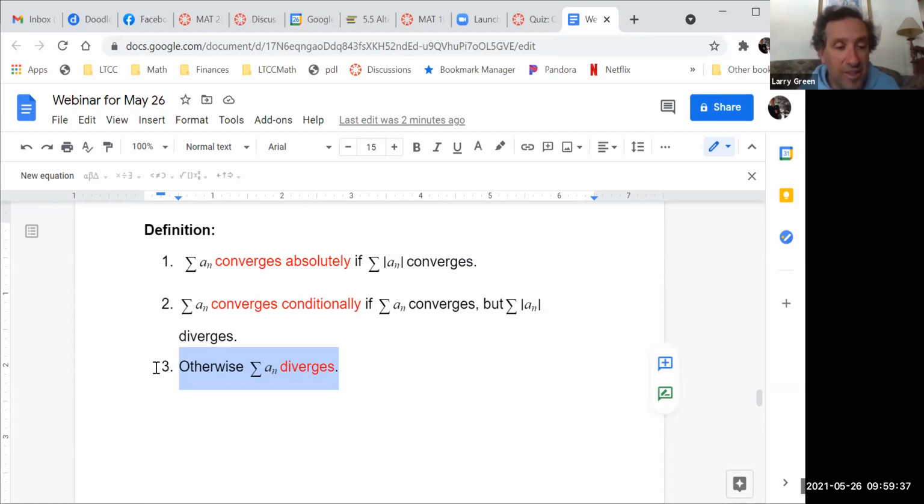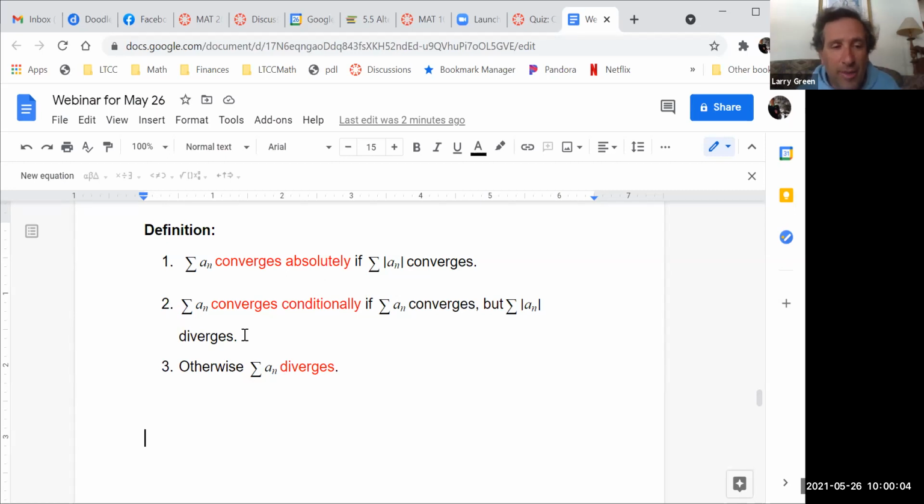So if it looks like a divergent series, you could do a comparison or limit comparison test to show it diverges. There aren't a lot of other tests you can use. So that's the first thing: if you think it diverges, go right to it. If you think it absolutely converges, take an absolute value and use one of our tests for convergence.